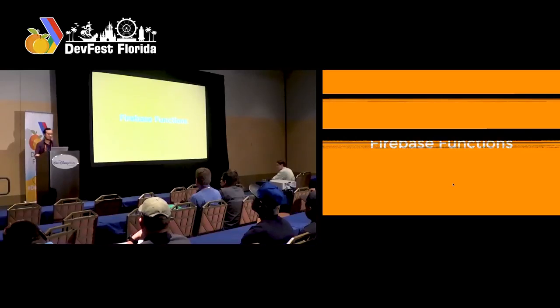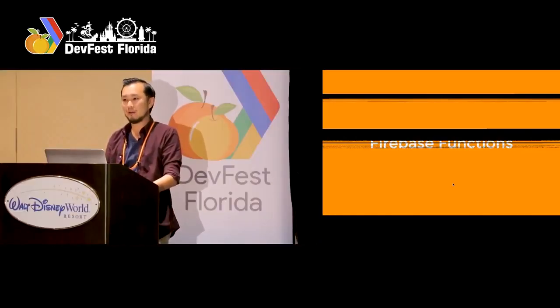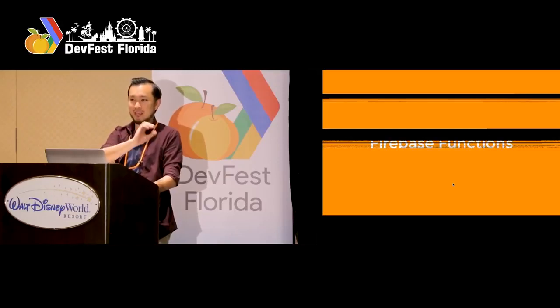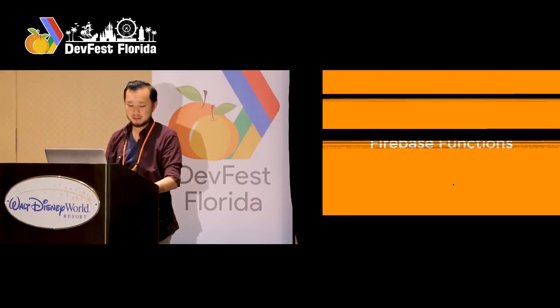Usually it's an HTTP request, but sometimes it could be that I have a Firebase database and this table is changed. I need to do some work with functions and then update that value that was changed. So triggers could be from Firebase services or HTTP requests or other things.